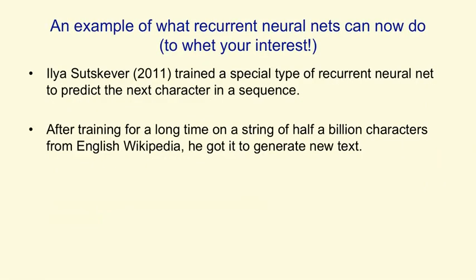So just to show you what recurrent neural nets can now do, I'm going to show you a net designed by Ilya Sutskever. It's a special kind of recurrent neural net, slightly different from the kind in the diagram on the previous slide. And it's used to predict the next character in a sequence. So Ilya trained it on lots and lots of strings from English Wikipedia.